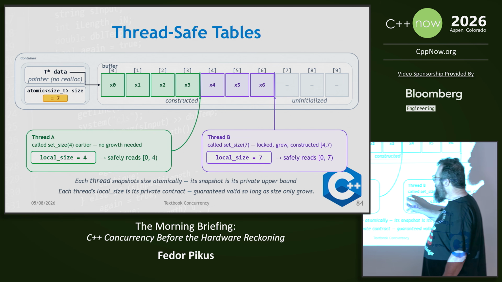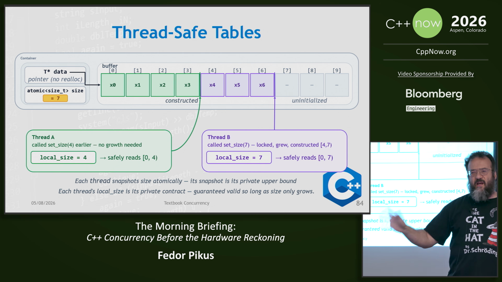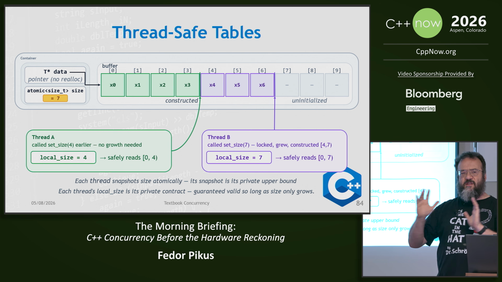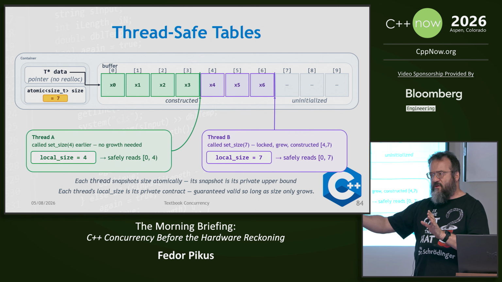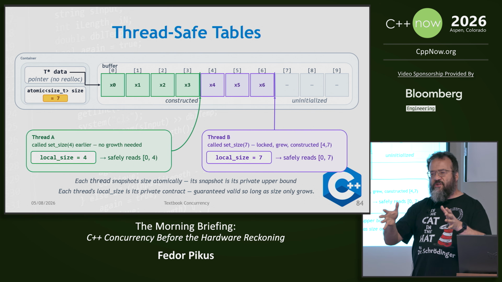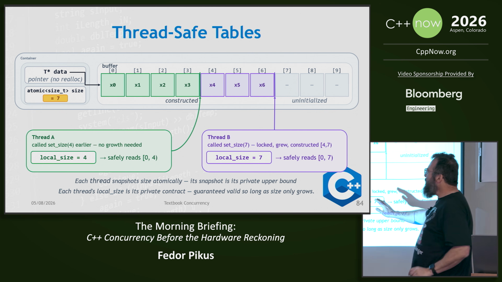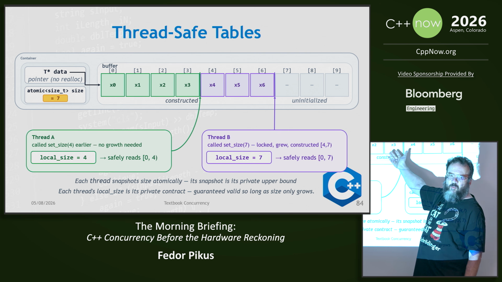Now, if multiple threads access the same element without locking, that's UB, but that's kind of the client's problem. Let's assume that somehow clients can negotiate this. Maybe each thread has their own range in the table, which is the most common scenario, where they all grow this table, but they each grab their own piece of it and never interact with each other. So we're not worried about multiple threads hitting the same element. We're worried about multiple threads corrupting the whole container.